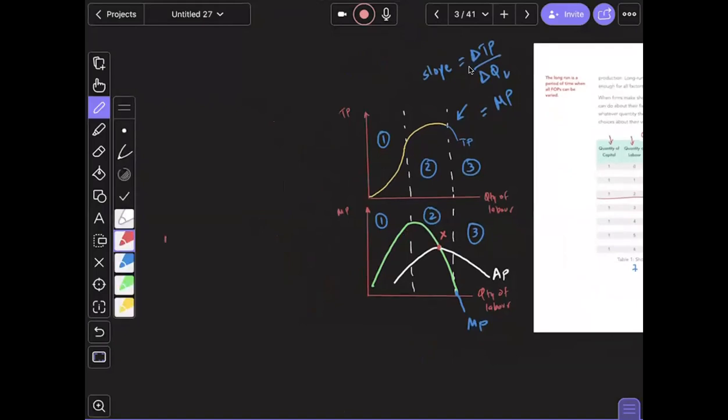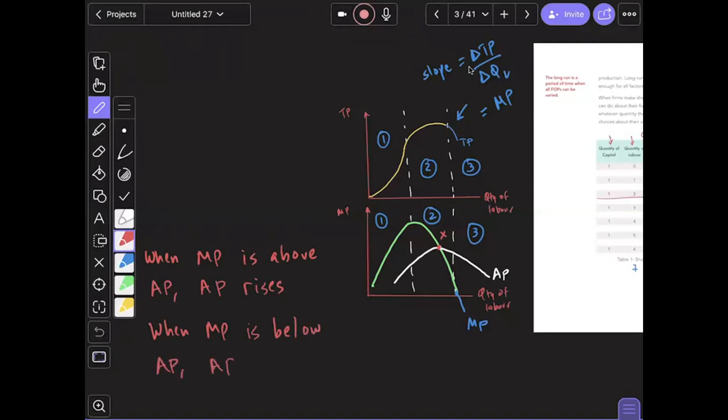I want to write this line. It's an important thing to remember: when MP is above AP, AP rises. When MP is below AP, AP falls.